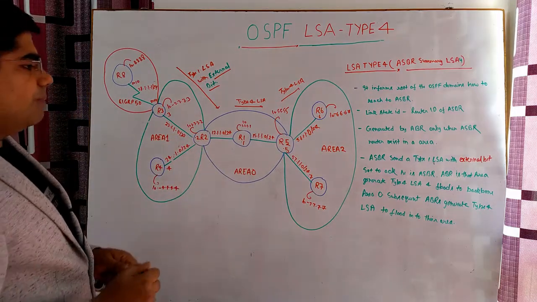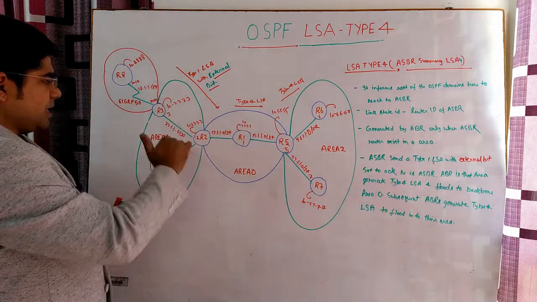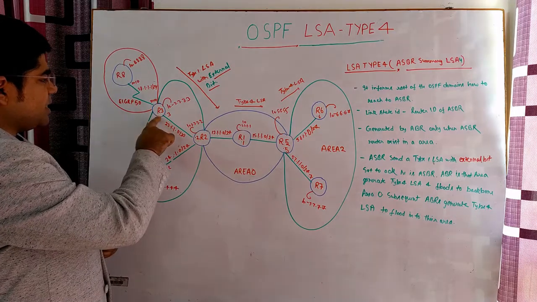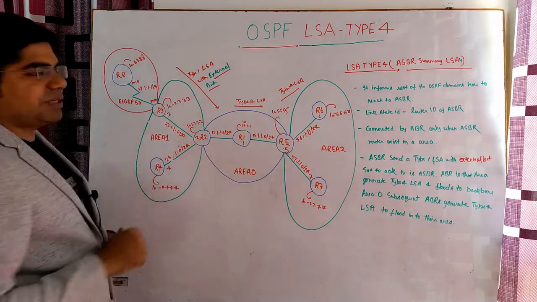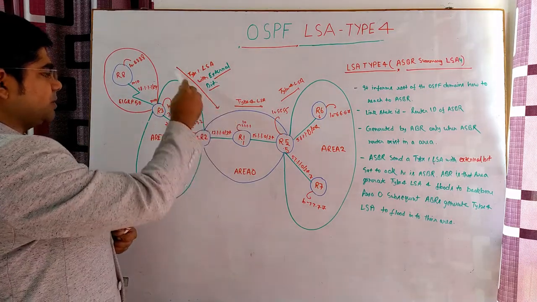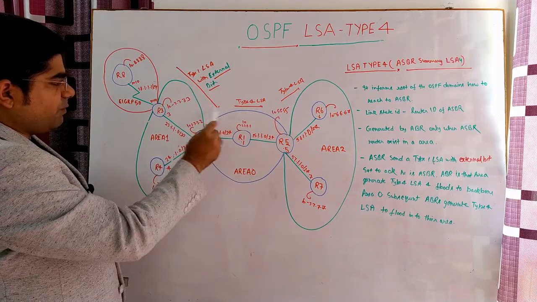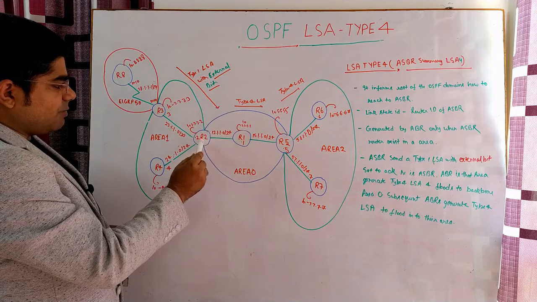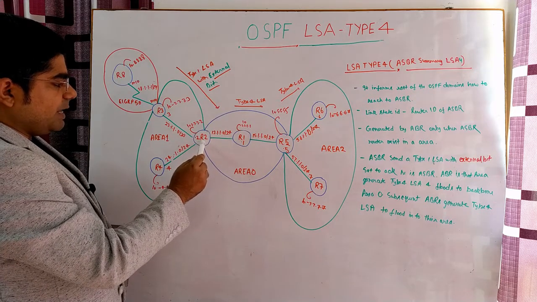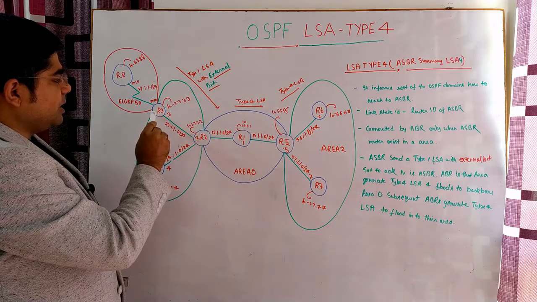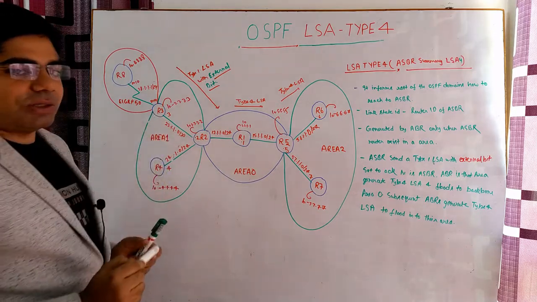What happens is, in the area where this ASBR is connected, it will generate a type 1 LSA with the external bit. With the external bit it will send it here, and router 2 will generate a type 4 LSA with advertised router 2.2.2.2 and the link state ID of this ASBR, 3.3.3.3.